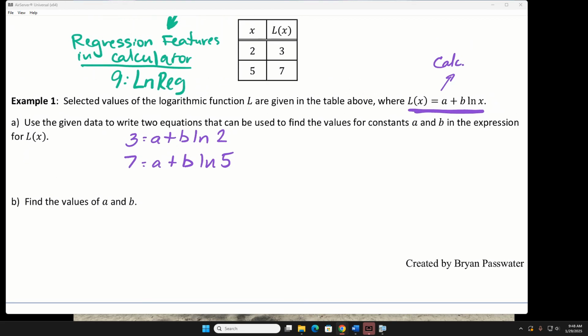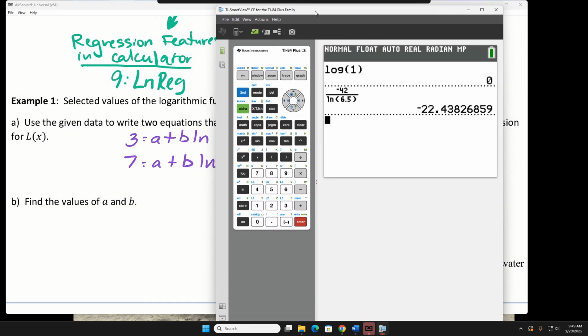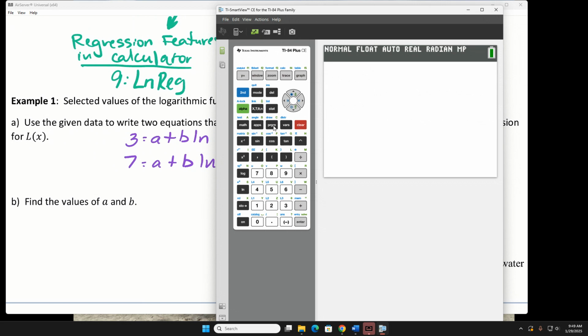So what we'll do, since we already said we can do this one in the calculator, is we're going to put this table in the calculator. So I want everybody to do it. Everybody's calculator should be open. Typing in some values. I'm going to remind you how to clear your lists. But go ahead.